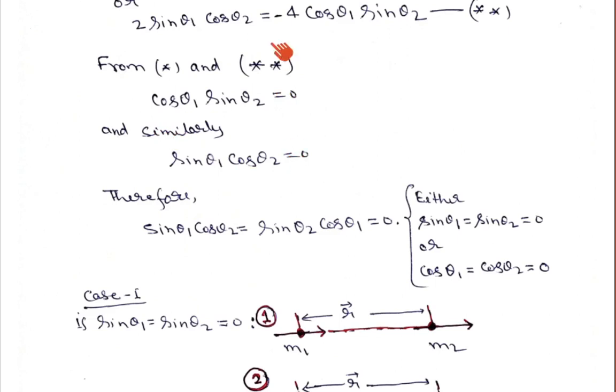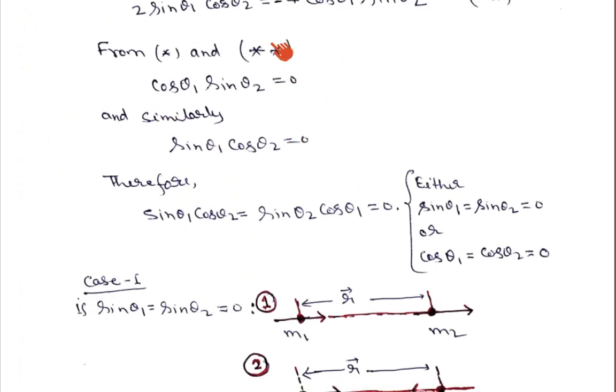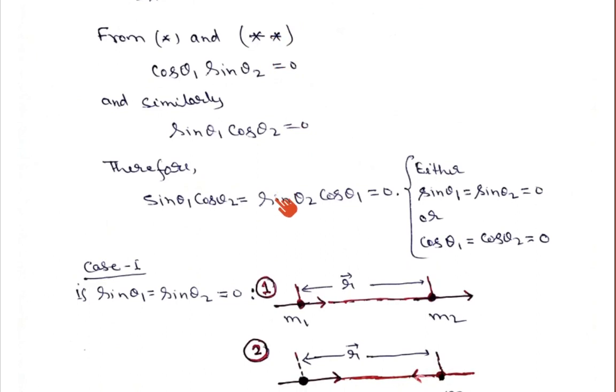So it means we can write sin theta 1 cos theta 2 is equal to sin theta 2 cos theta 1 is equal to 0. So these two equations, and both equations are equal to 0, can give 2-3 possibilities. Okay.